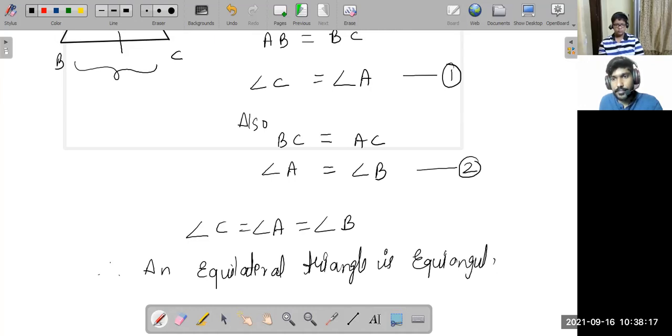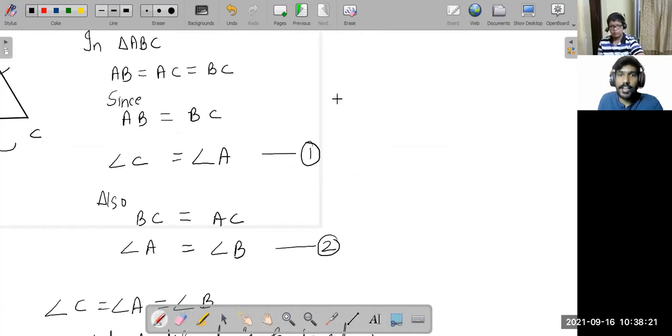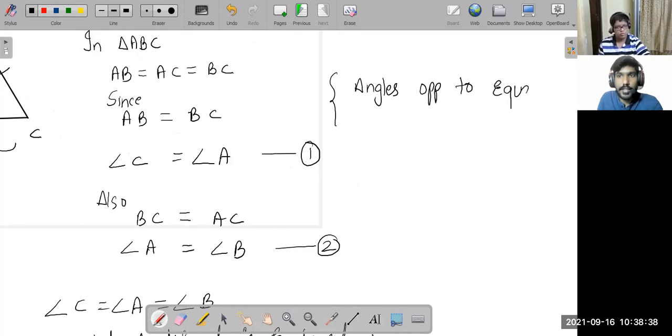Is this clear? Yes, sir. Here you have to write the reason. You remember what is the reason? Angles opposite to the biggest and the smallest side, no. After that we did another one.